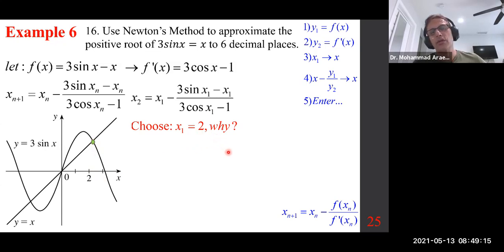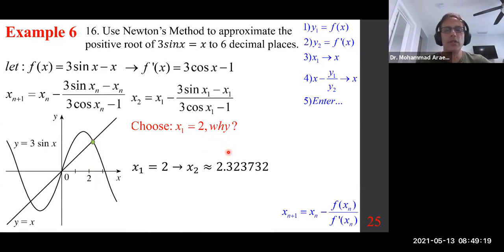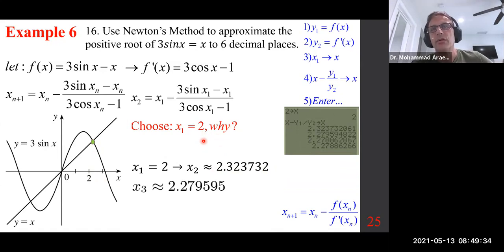And now you use a calculator. So if you use x of 1 equals 2 and plug it into a calculator, you get to this number. X of 3, you get this number. We are using a calculator at this point. After you write all of this, and by the way, 2 is in radians. Now look at the calculator work.